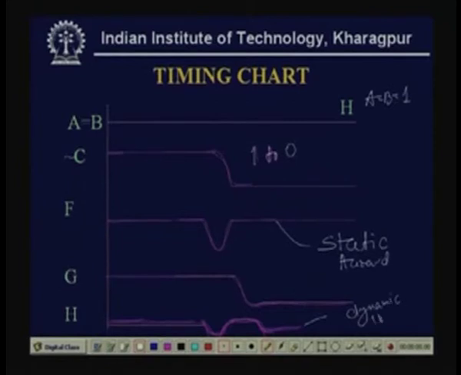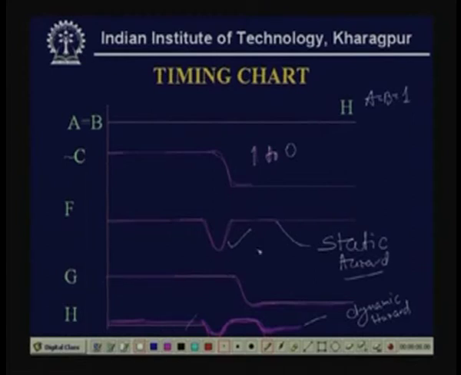Now, what is the reason for dynamic hazards? Unless in the circuit that static hazard exists, we would not get the glitch in this F line, and then there will be no glitch in the H line.